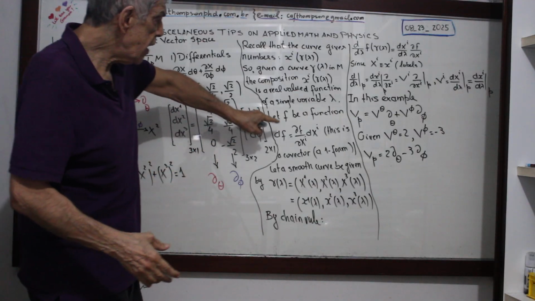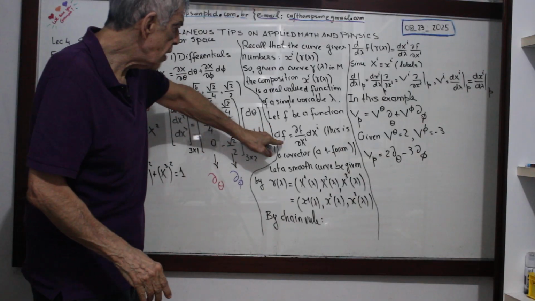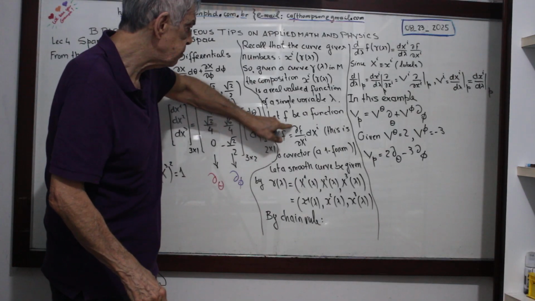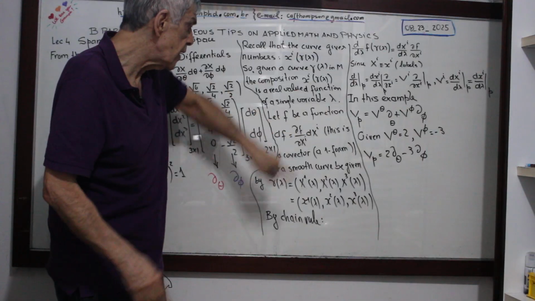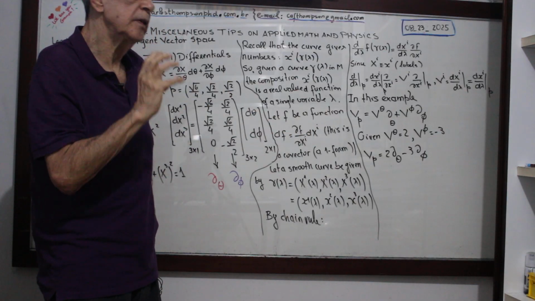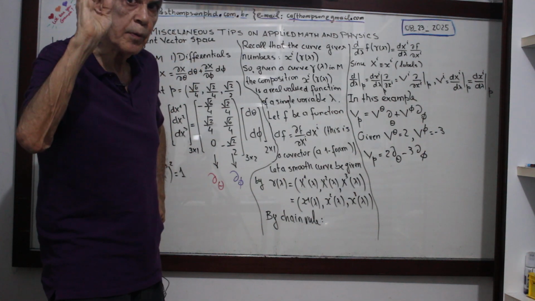Now let f be any function. So df is the partial derivative of f with respect to capital Xi, dxi. Attention now, all the calculations cannot be done on the labels.